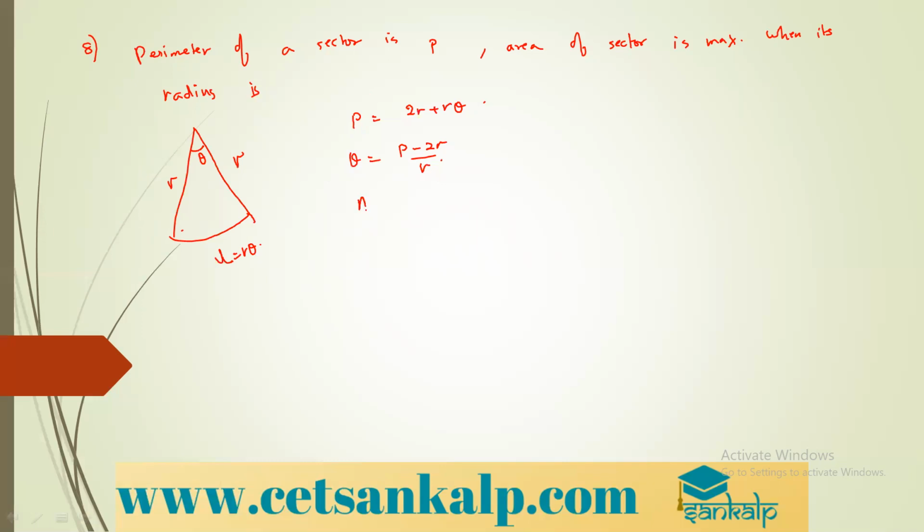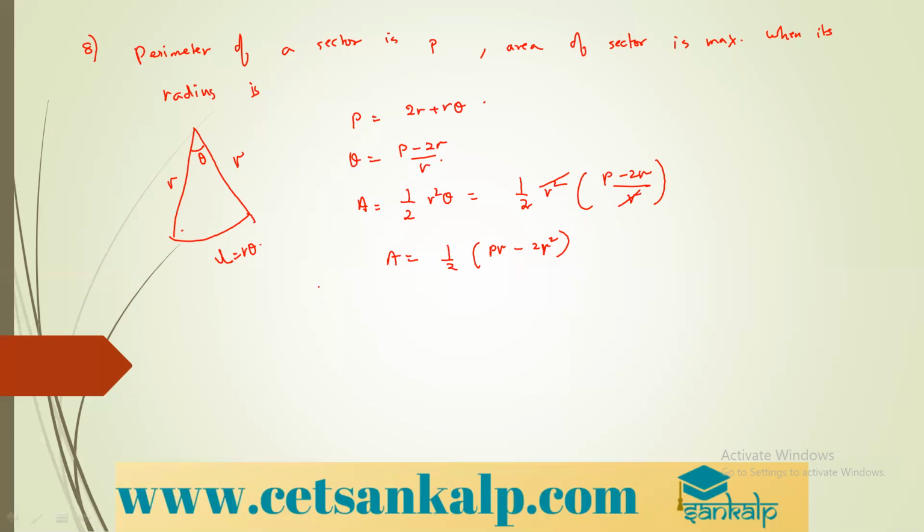Now, the area of the sector. The formula for the area of the sector is 1 by 2 r square theta. 1 by 2 r square, theta is P minus 2r by r. So one r cancels. You have 1 half into Pr minus 2r square.